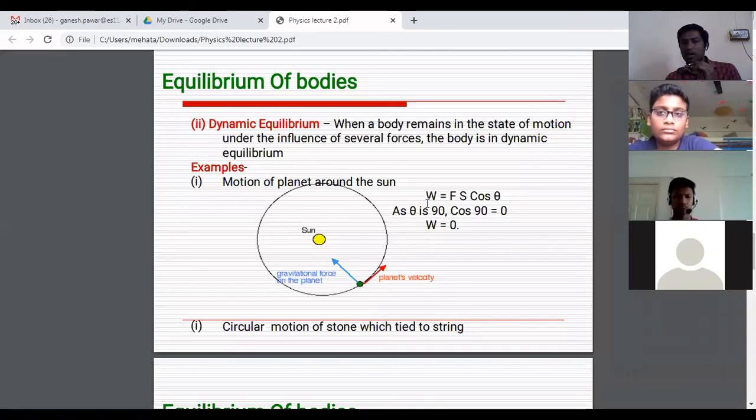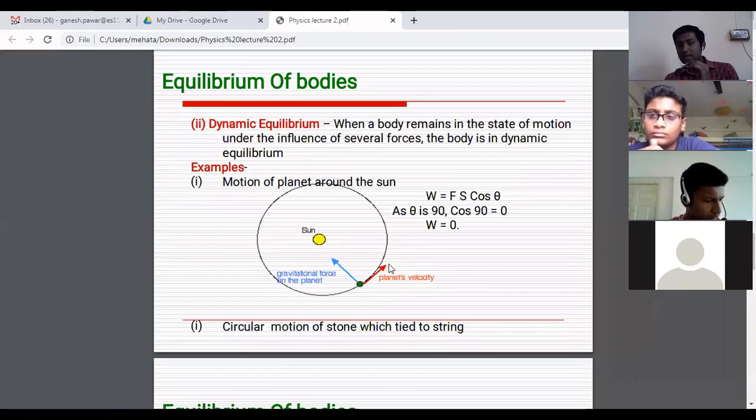So now, what I've written over here is the formula for the work done. What is the formula for work done? F, force, into displacement, into cos theta, where theta is the angle between the force and displacement. Now in this case, this is the direction of force and this is the direction of planet velocity.